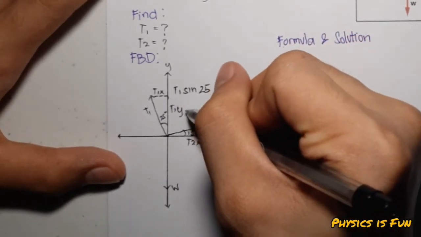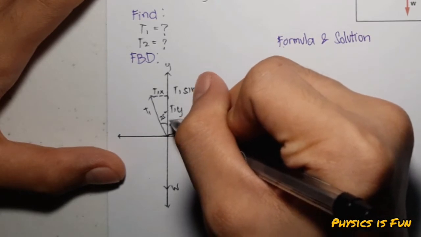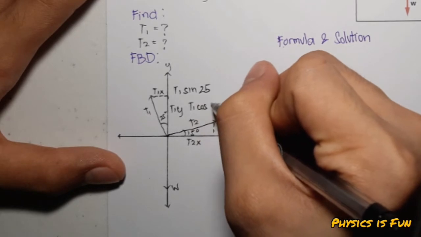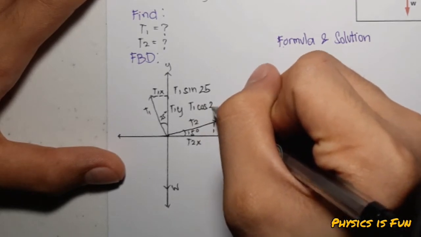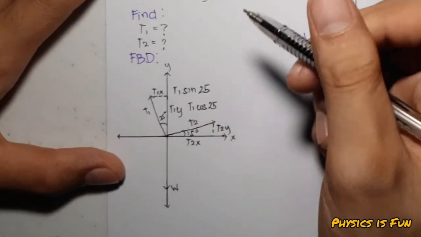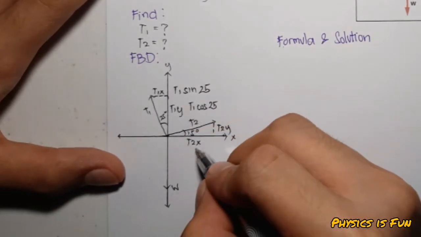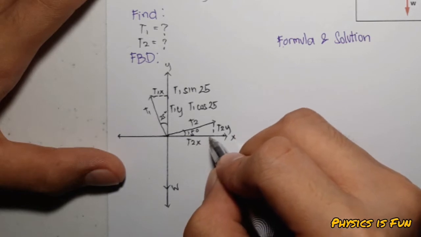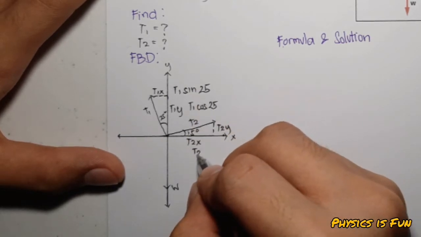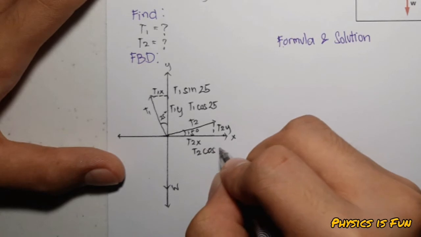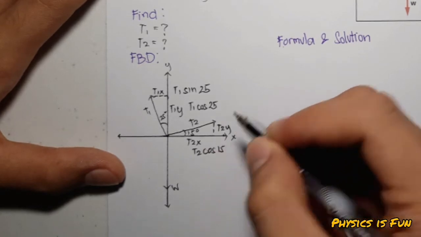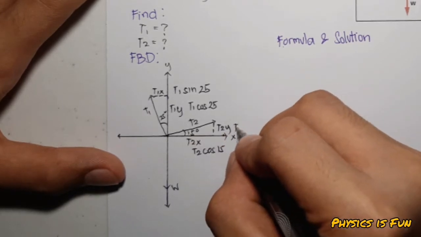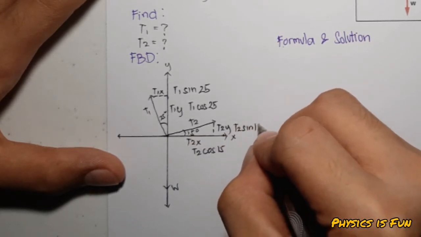And for this one, T1y, since it is adjacent, we will use cosine. This will be T1 cosine theta, or the angle, 25. Moving on with tension 2. This will be cosine since the angle is adjacent to the line we are pertaining to. So it will be T2 cosine theta, or the angle. And then this will be sine, for it is opposite the angle. T2 sine 15.